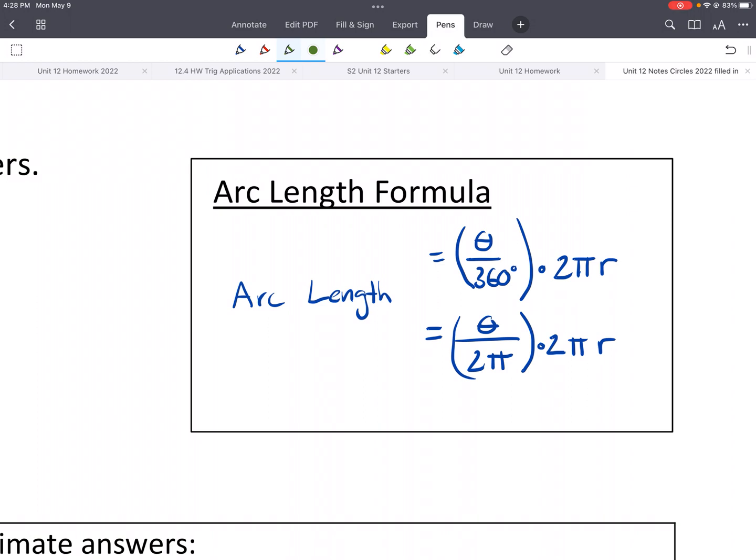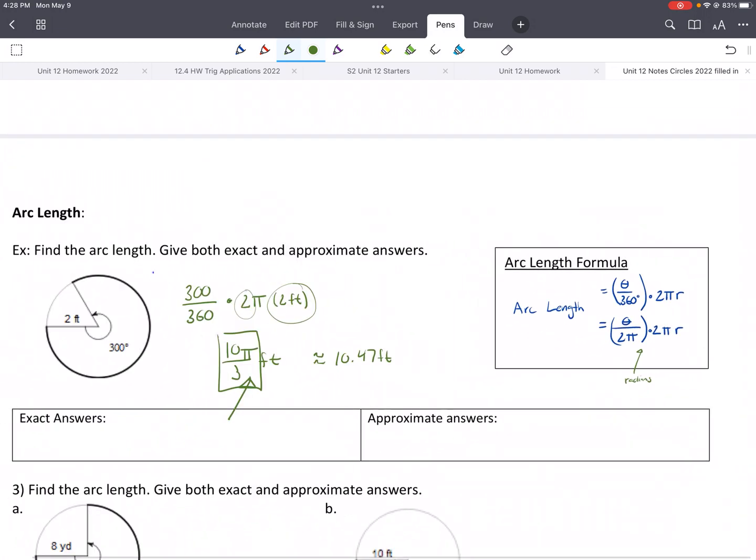The one below is what we would do if we were doing it in radians. Instead of dividing the angle by 360, because if it's degrees we divide by 360, the whole circle in degrees, if we did radians, we would take that radian amount and divide it by the whole circle's radian, which is 2 pi. We'll do an example of that too.